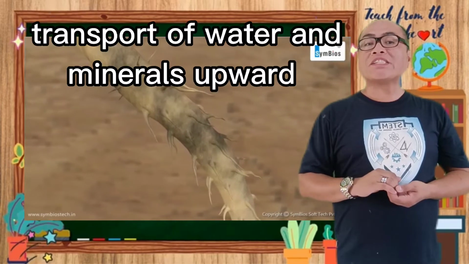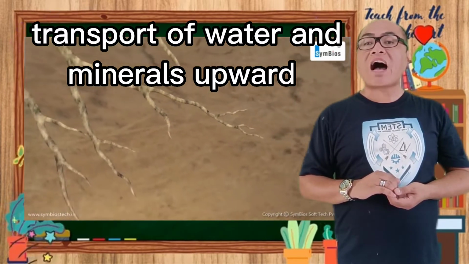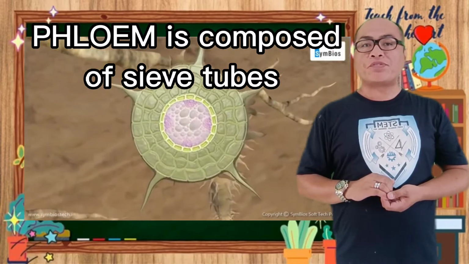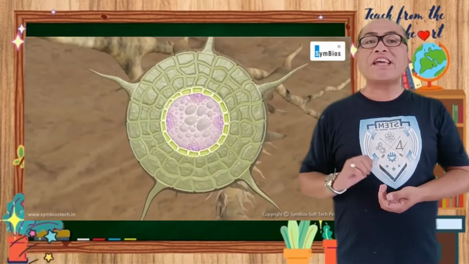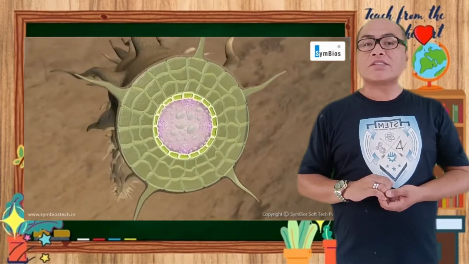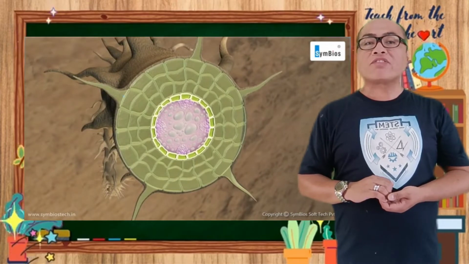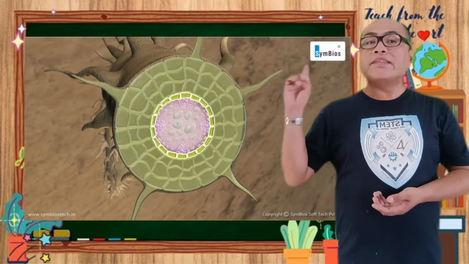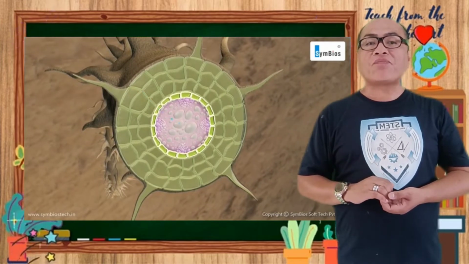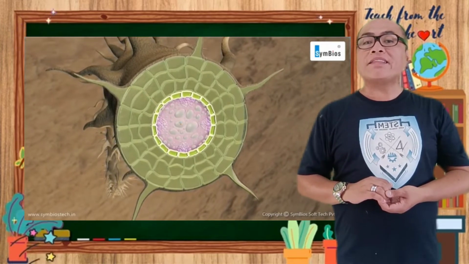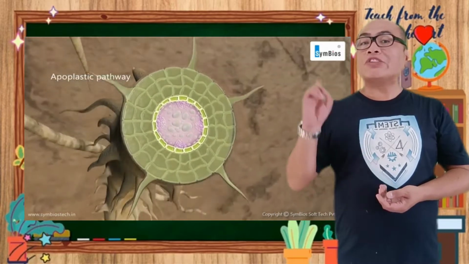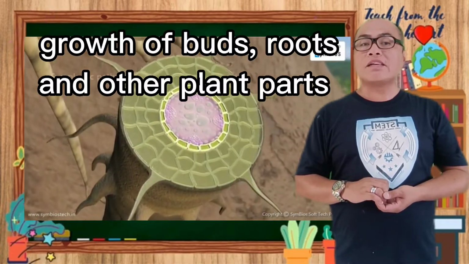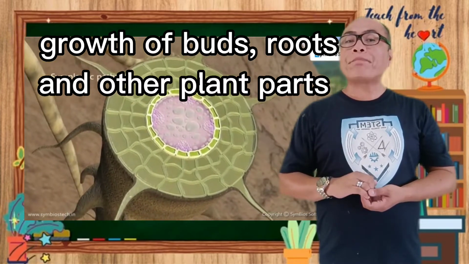This allows the transport of water and minerals upward. Phloem is composed of sieve tubes, which are closely associated with companion cells to facilitate movement of materials across the cell cytoplasm. These tubes carry the products of photosynthesis in a bidirectional movement to ensure supply of materials for the growth of buds, roots, and other plant parts.